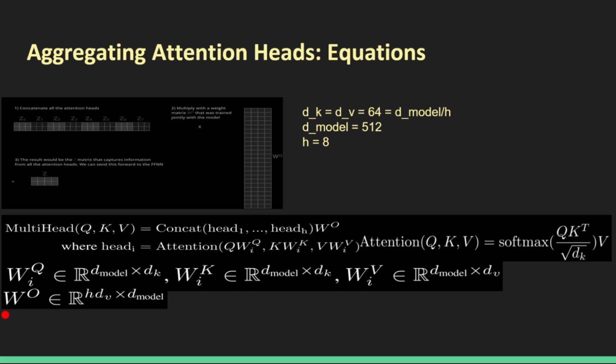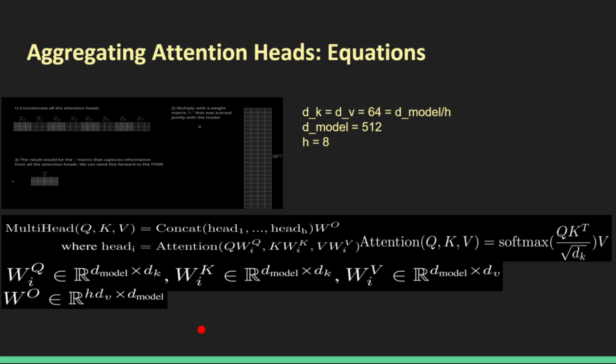So your WO is h·d_v, which is 64, by d_model, 512, bringing all the vectors back to size 512.